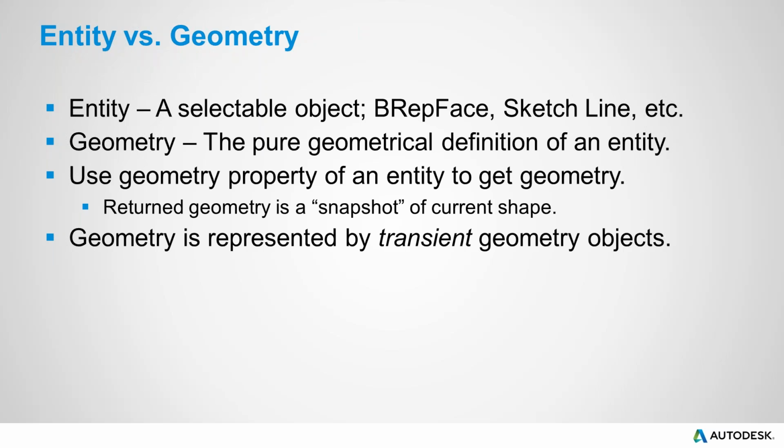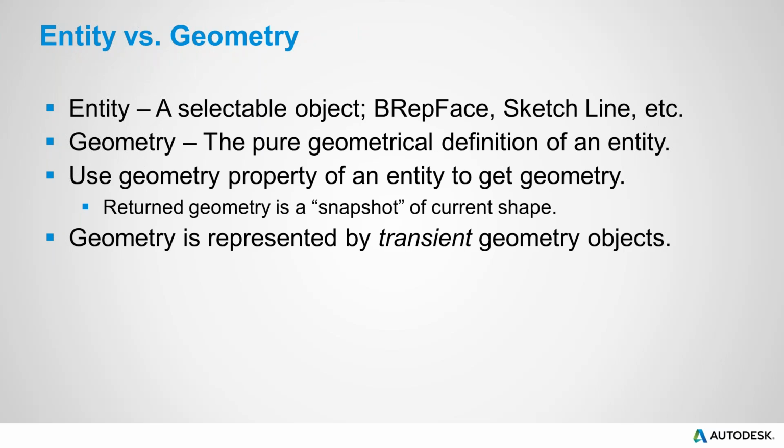Geometry is represented by what we call transient geometry objects. When I get that plane, the plane object is transient, meaning that you don't see it, it's not selectable, and it's not saved anywhere.